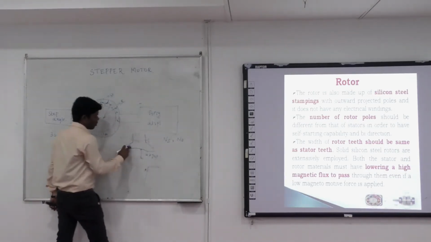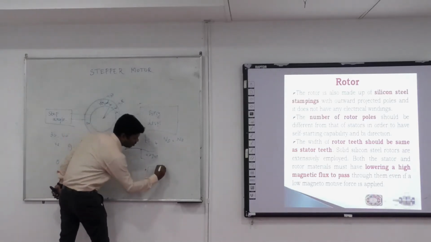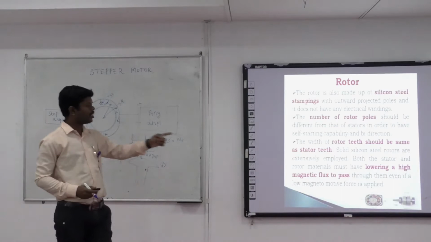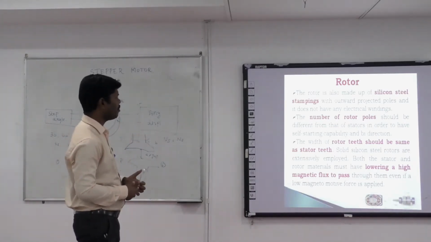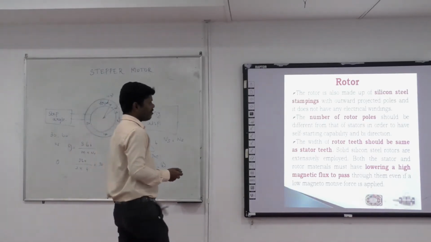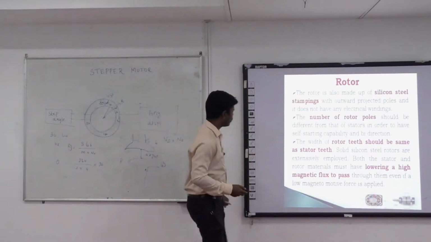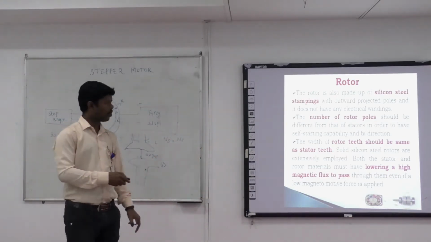Rotor teeth means, suppose 6 poles are used in the stator, the same 6 poles are used in the rotor. So rotor teeth should be the same as the stator. Both windings will be the same. A high magnetic flux will pass through this stator and rotor. So that is another advantage of the rotor.